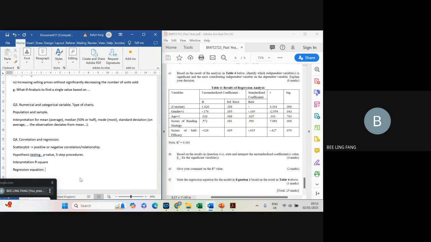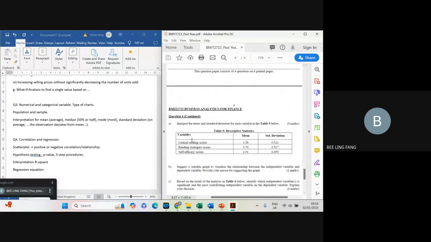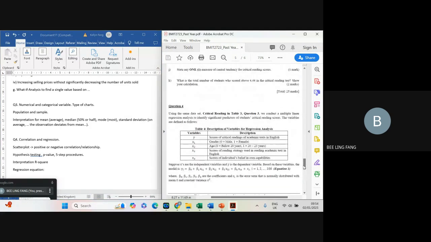In this case your Y is the score of reading. The question says: use the same data set, critical reading, consider multiple regression to identify significant predictors of student critical reading score. So this is the Y variable, the score of critical reading of academic. If you are not sure, just write the whole thing.